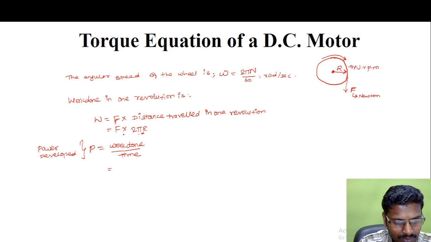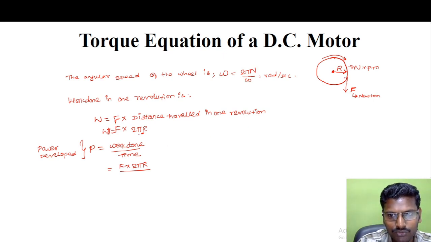Already we know the value for work done W is F into 2 pi into R, divided by the time taken to complete one revolution. The time taken to complete one revolution for this wheel at n rpm is in minutes, so the time will be 60 by n seconds. We are converting it to seconds.